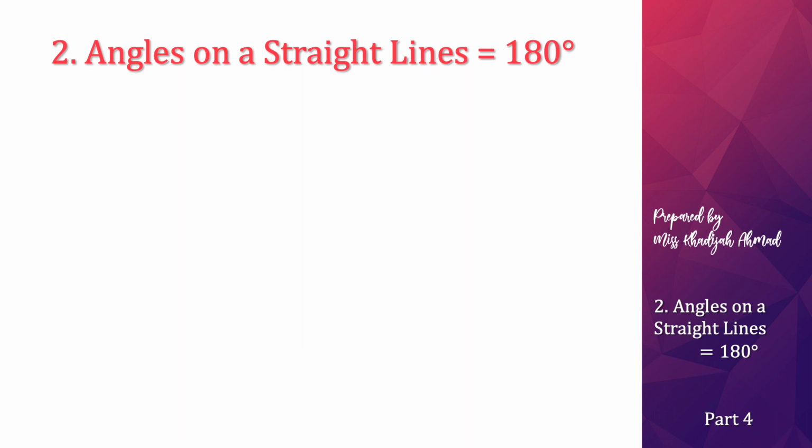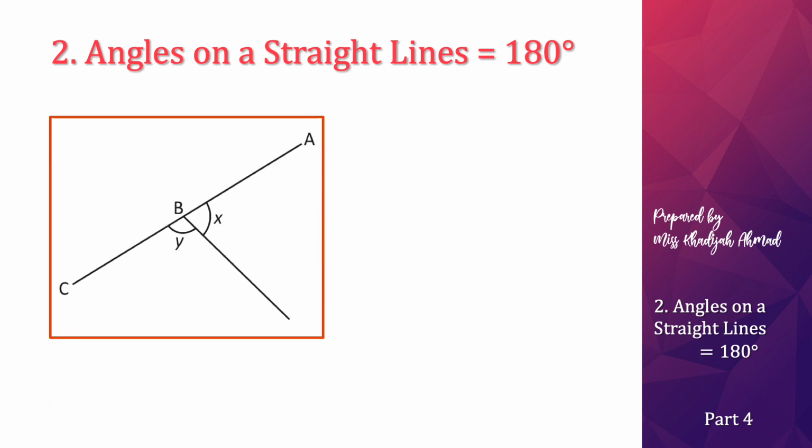Now, I am going to give you another example from your workbook. Open your Yes Maths 5A workbook and go to page 102. This is question 1B. So, if you read your instruction, in each of the figure below, ABC is a straight line.